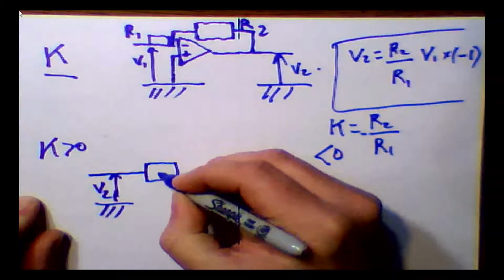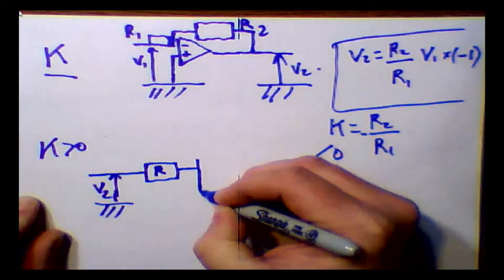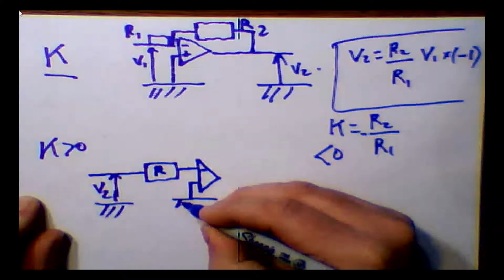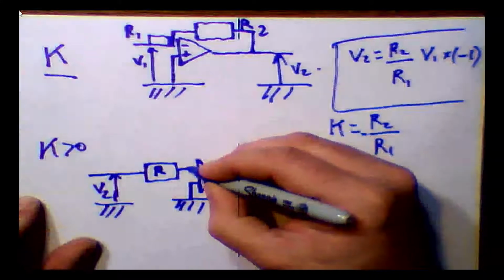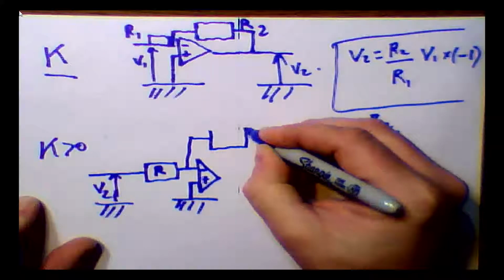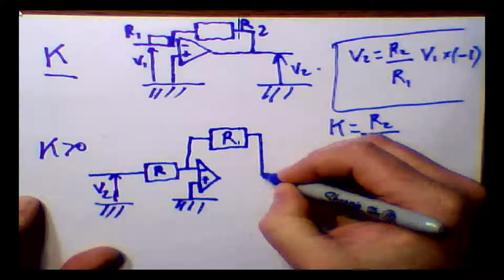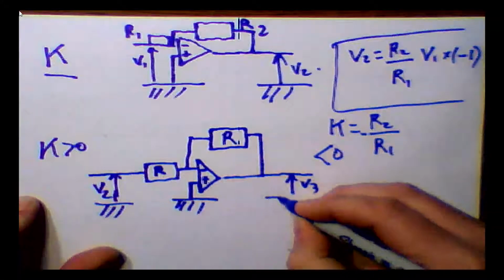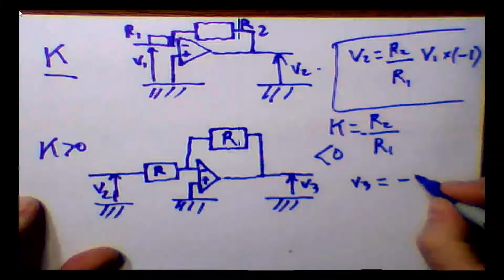We put it through a resistor R, which we hook to the op amp just like we've done before, and we do the same montage as before, except we repeat the same resistor, and we now obtain V3, where V3 is equal to minus V2.